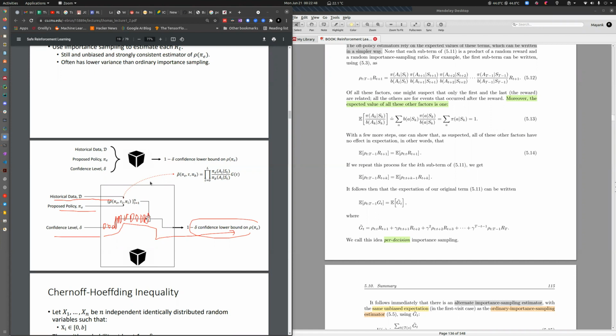And the importance sampling, if I draw a box, these will be with respect to the time duration.